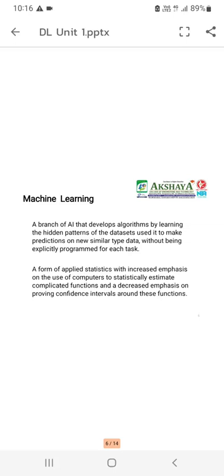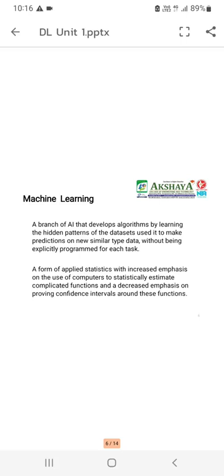It can also be said as a form of applied statistics with increased emphasis on the use of computers to statistically estimate complicated functions and a decreased emphasis on proving confidence intervals around these functions.